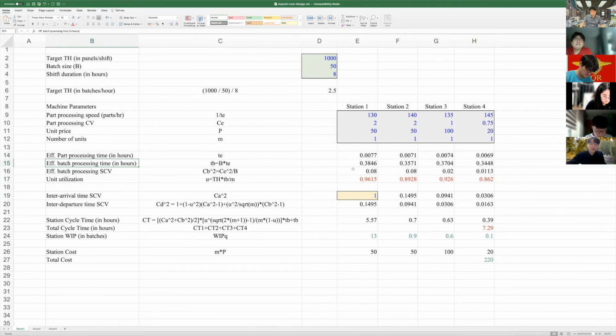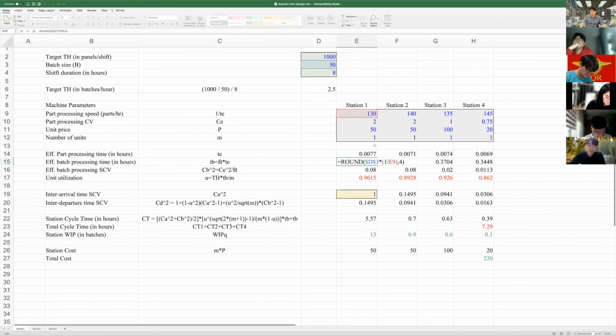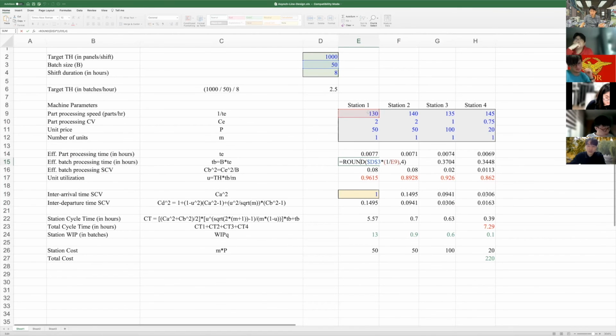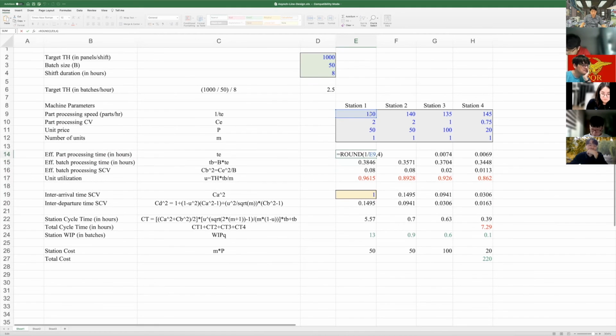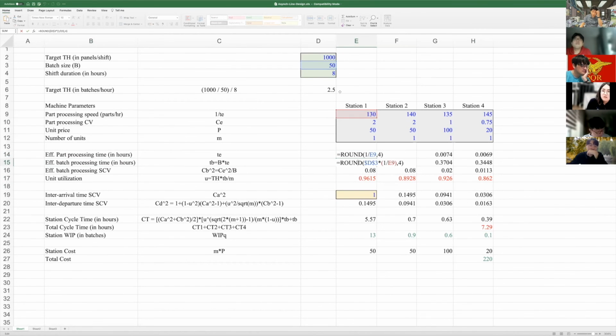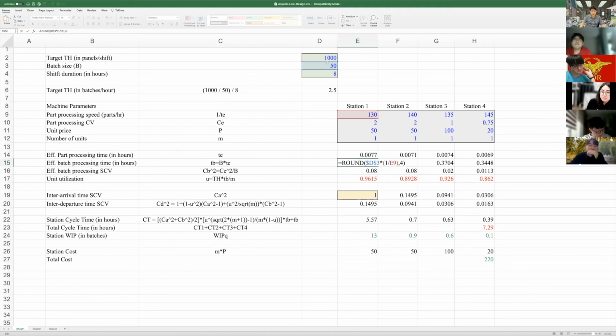It means that each CV with respect to the machines was calculated with the part processing speed. This is the effective working time. And not here, this one. The part processing time was calculated with this number. And also batch processing time was multiplied by this batch size.